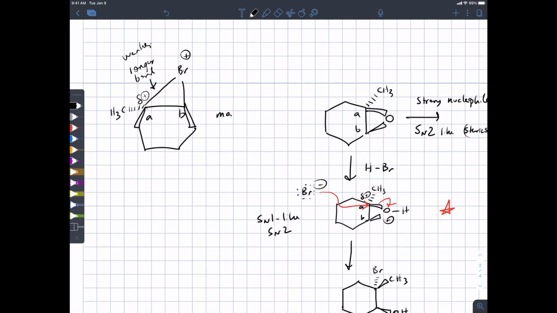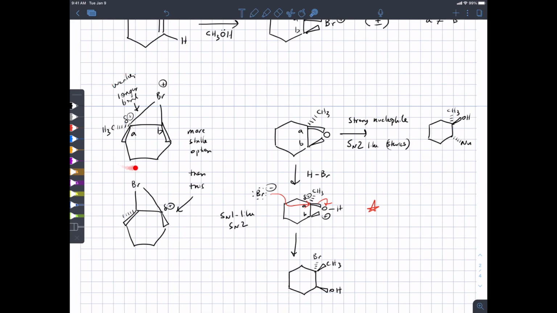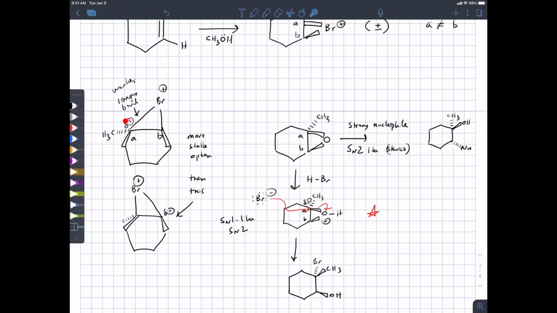That is a more stable option than the alternative where we make the bond with the less substituted carbon longer. Okay? And the reason this option above is more stable than the option below is because more substituted carbons can better tolerate positive charge because of hyperconjugation. Right?